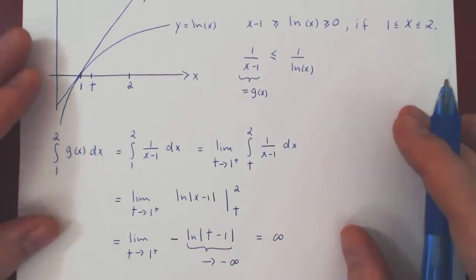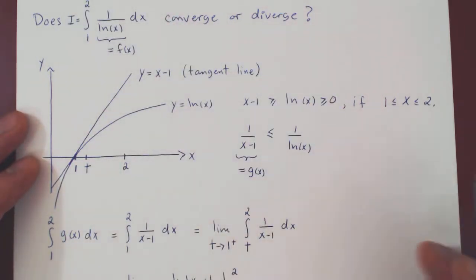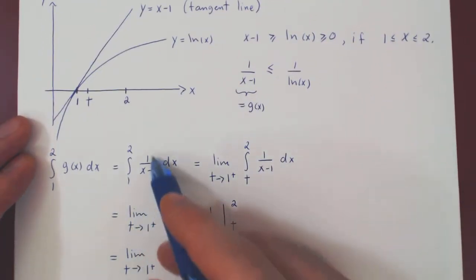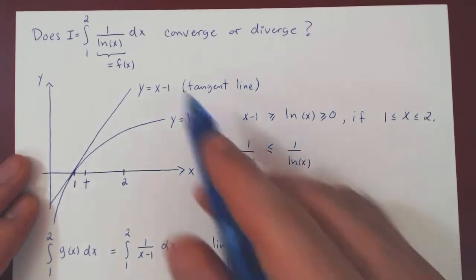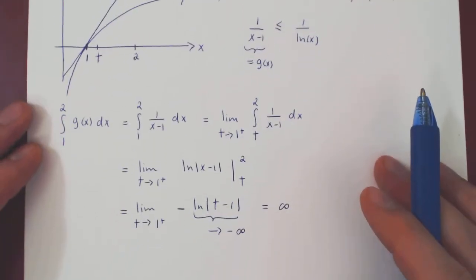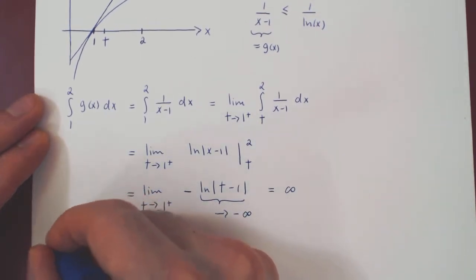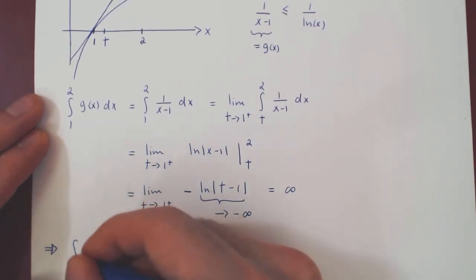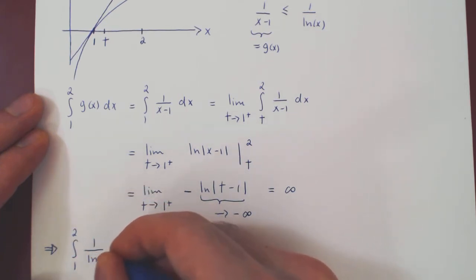Well, we're essentially done now because we'll compare the initial improper integral to this new improper integral, and we'll see that the initial one will also blow up. So we have the integral from 1 to 2 of 1 over ln of x dx.